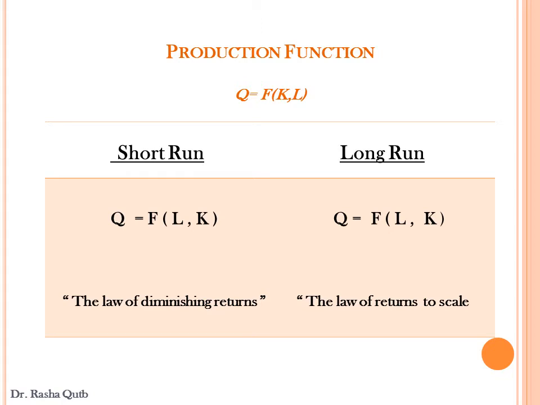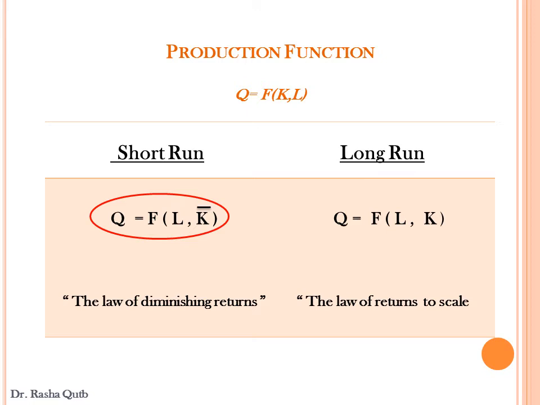Here we have two concepts: short run and long run. What is the difference between short run and long run? Starting with the short run, it is a time period, actually less than 1 year, in which a firm cannot change all its inputs. We find that labor is the only variable factor of production, while capital is constant or fixed.